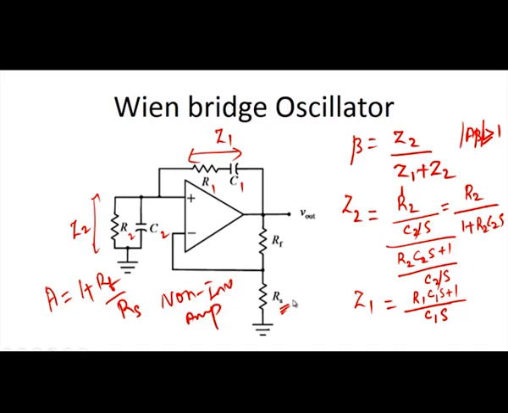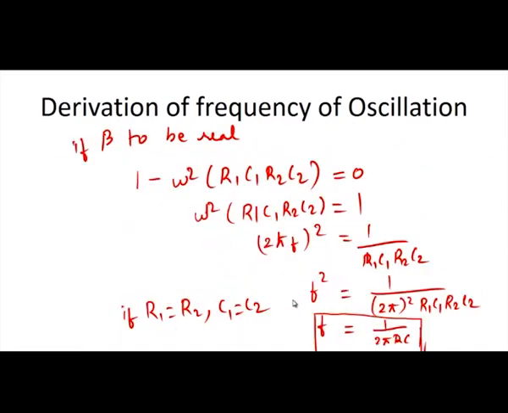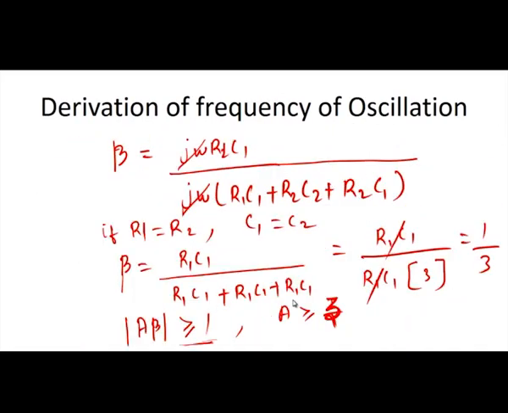So A is equal to 1 plus RF by RS, and from this RF must be greater than or equal to 3 times RS.